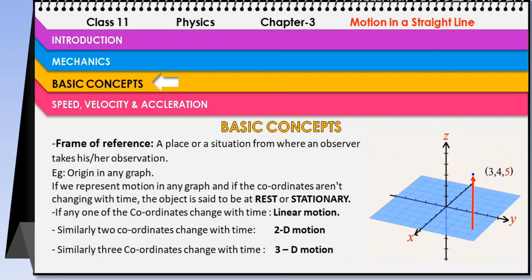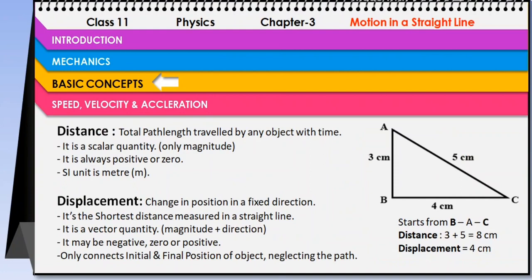For a person standing on the platform, if he sees the moving train and the bag, the bag is in motion, right? So that is why frame of reference is very important. It is nothing like taking an origin, from that we measure the distance. Clear? Let us go for some more basic concept like distance and displacement.